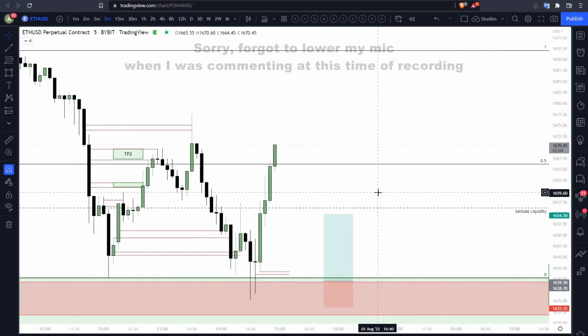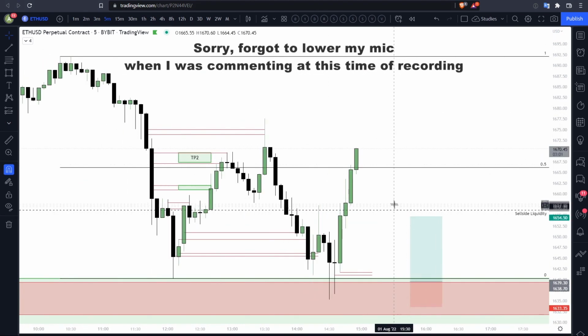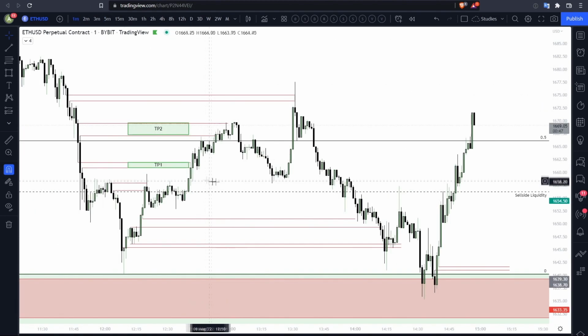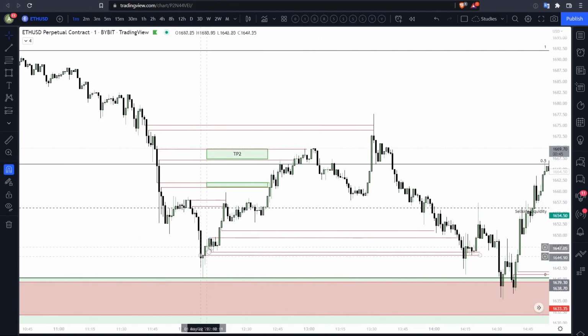So as predicted, we bounced off of an order block. We created these fair value gaps on 1 minute chart, but we didn't return to them until we actually hit my take profit 1 and take profit 2 levels.